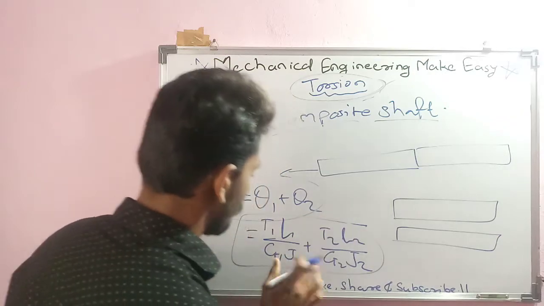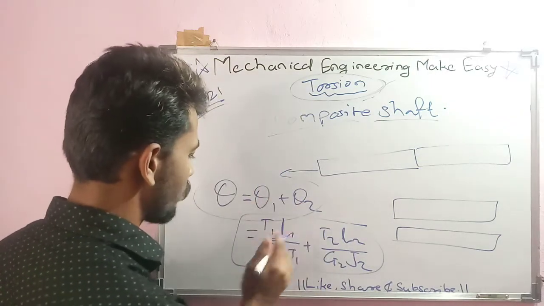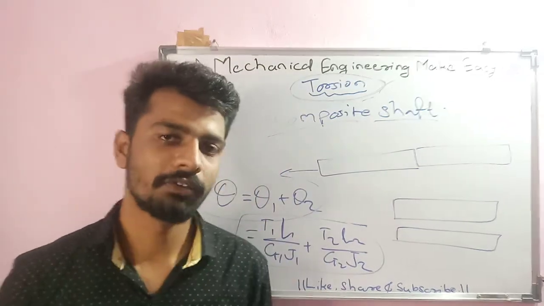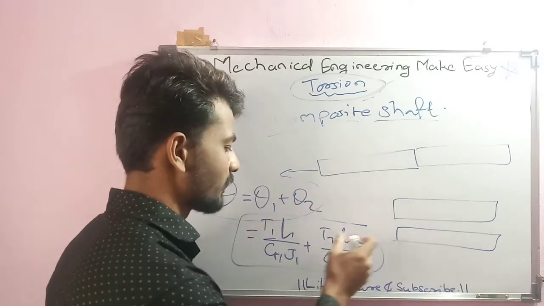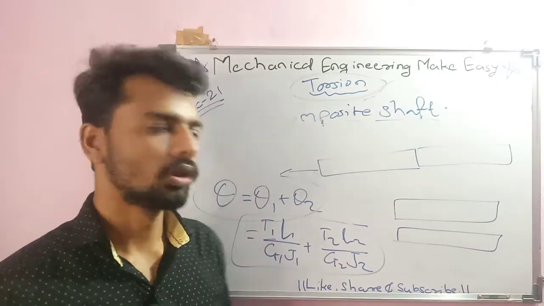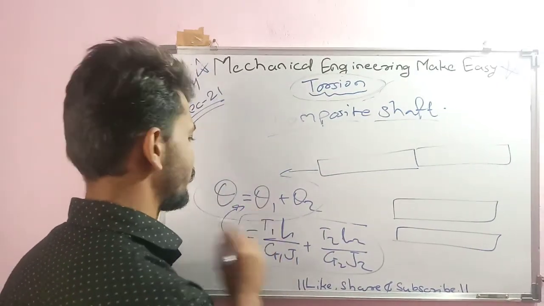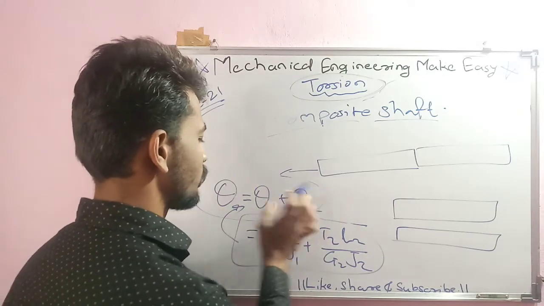We calculate theta 1 as T1 L1 upon G1 J1, and theta 2 as T2 L2 upon G2 J2. So theta is simply the addition of the two.